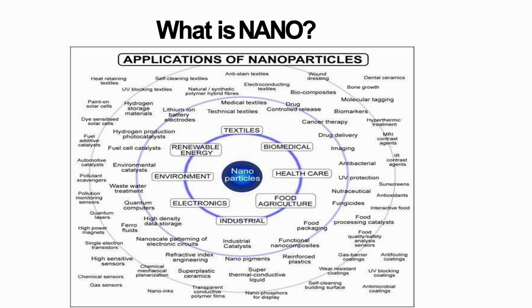Nanoparticles allow us to increase hydrogen production, and because they can be photocatalysts, they can also be used as fuel cell catalysts or fuel additive catalysts. I don't want to go outside of the topic, but as I mentioned, this is a very interesting topic, and this is the future. This is where we go, because we are going to see how we use nanotechnology in medicine, and it's extremely promising.